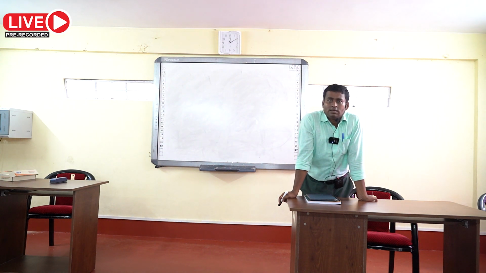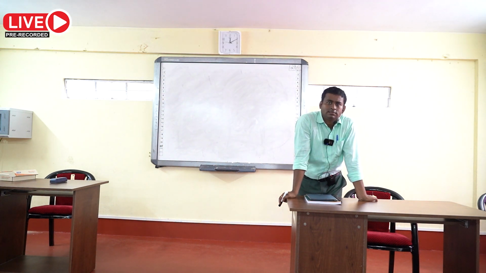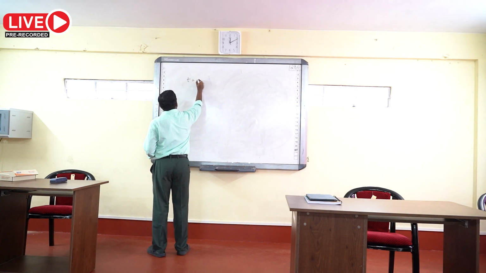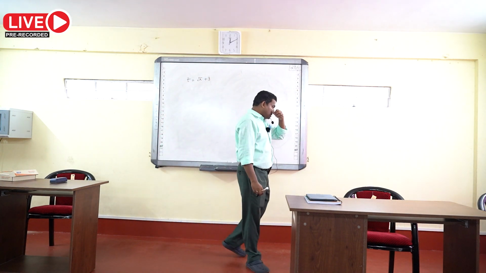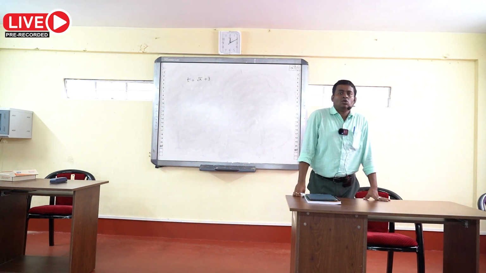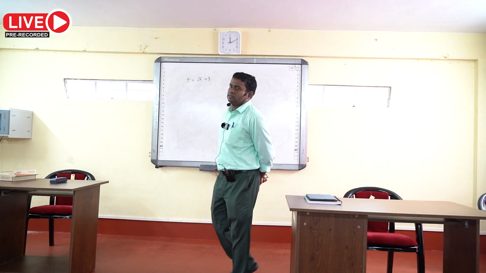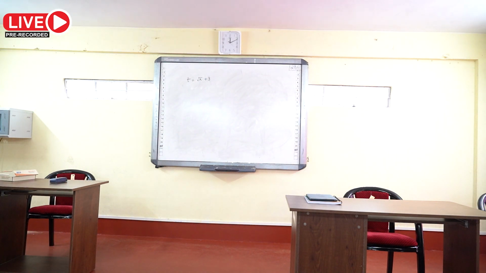The position-time equation of a particle moving along the x-axis is given by t equal to root x plus 3, where all quantities are in SI unit. x is the position along the x-axis and t is the time.